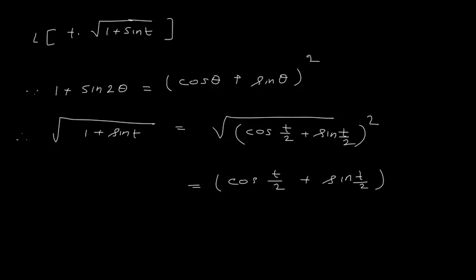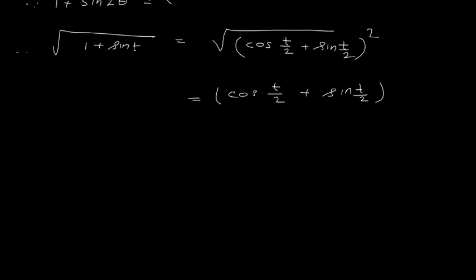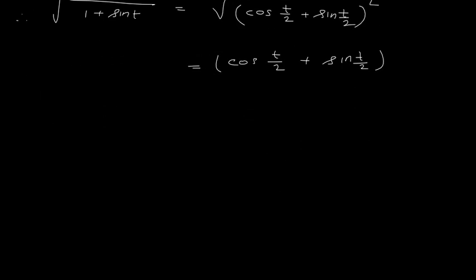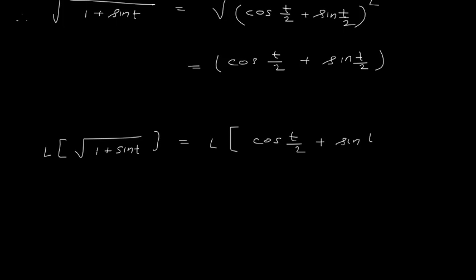Okay, this is the value of root of 1 plus sin t. Now I have to first find Laplace of this term, and then I have to multiply by t. So let us see Laplace of root of 1 plus sin t. I will say this is equal to Laplace of cos t by 2 plus sin t by 2.